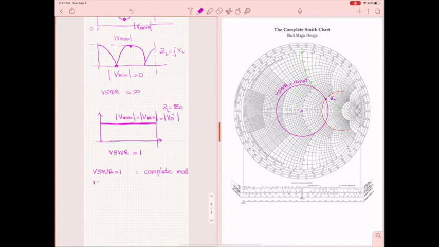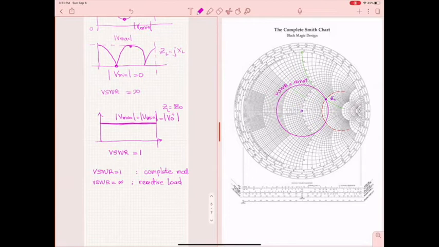When VSWR is infinite, it shows that we have only a reactive load. At anything in between, it shows every other case where you have a resistive plus or minus a reactive load, okay?